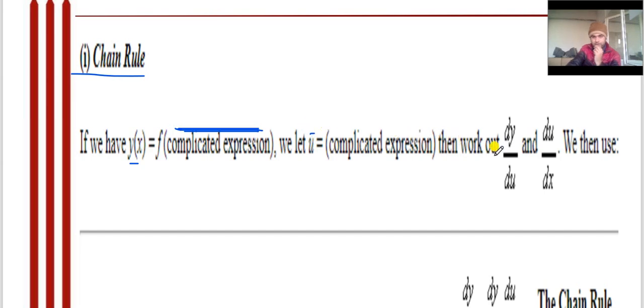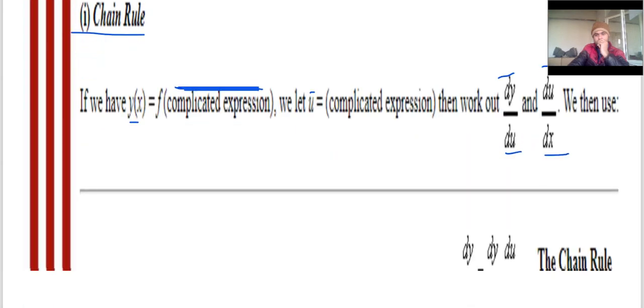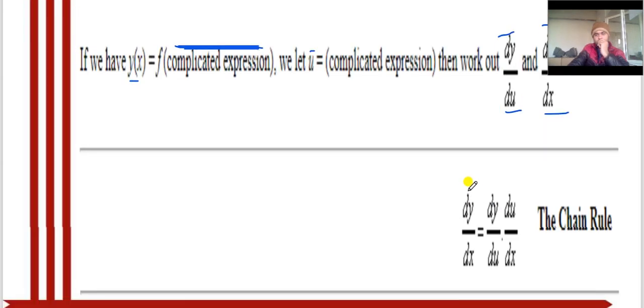Then you have to find dy by du and du upon dx. In the chain rule, to find dy by dx, we find dy by du and du upon dx, then take the product of these. By this formula, we can differentiate a function of function.